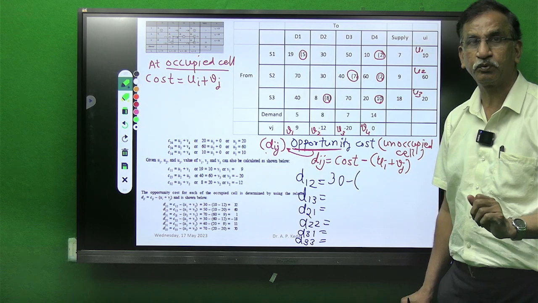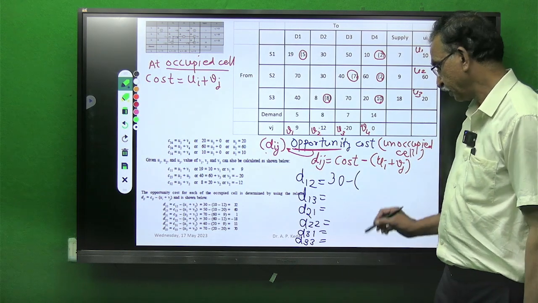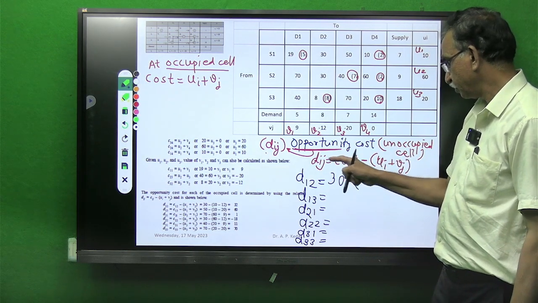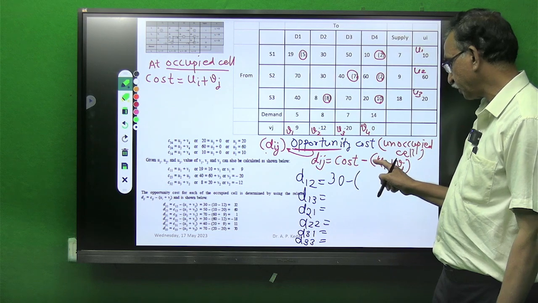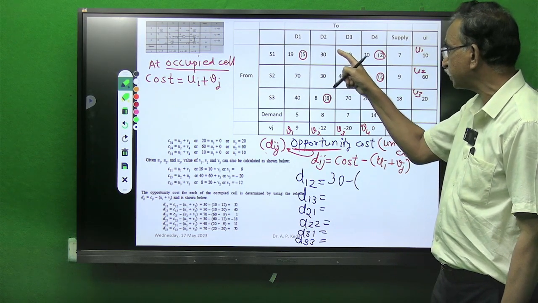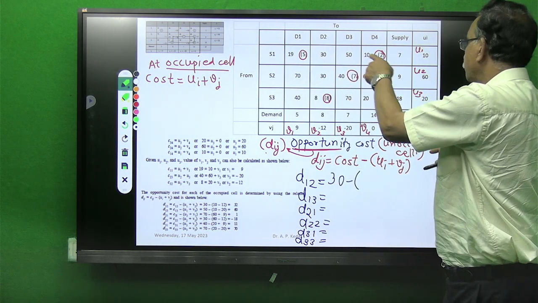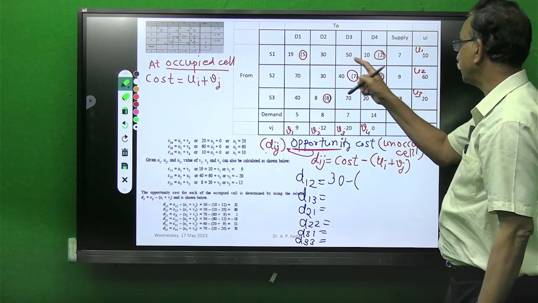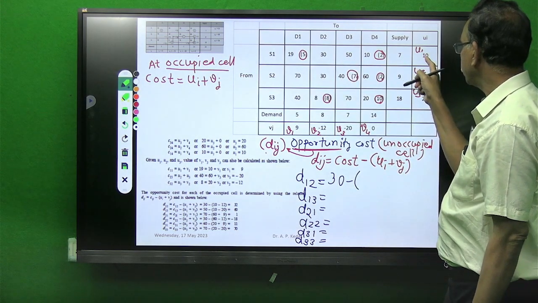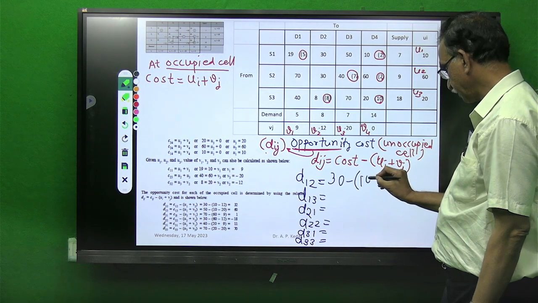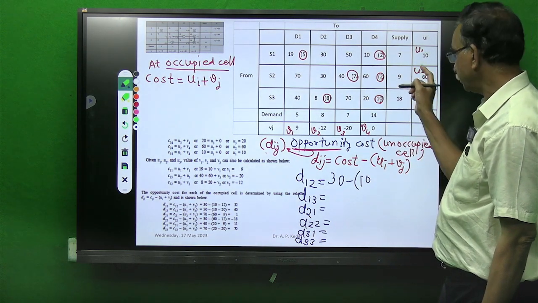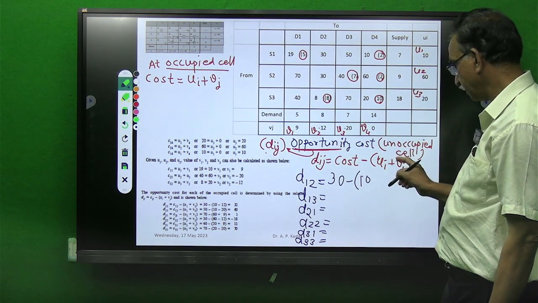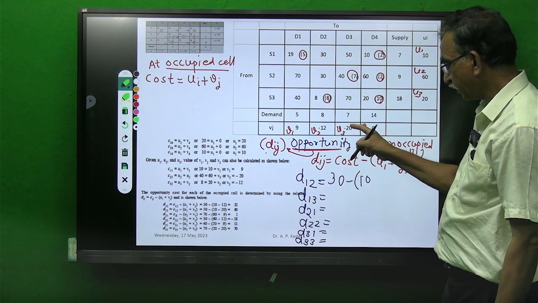You have to be very careful regarding the sign. I have written cost 30. Now for the same cell, you have to check the corresponding ui and the corresponding vj. So u1 is 10. Now actually it is plus 10 plus, but it is minus.